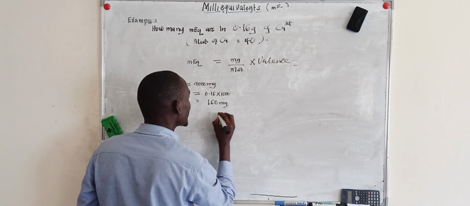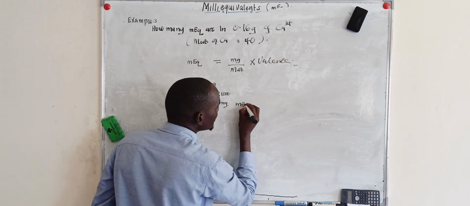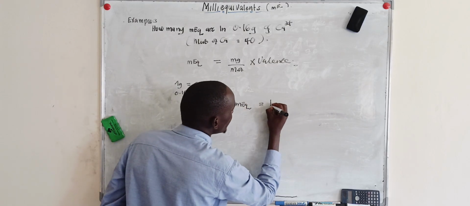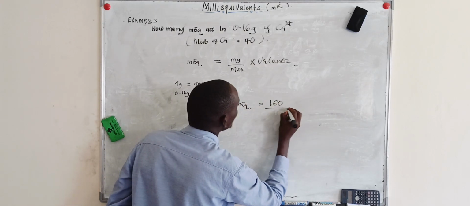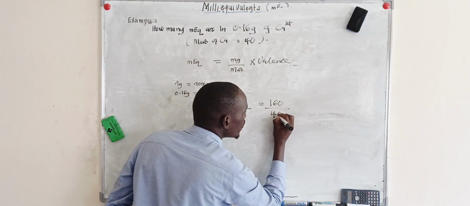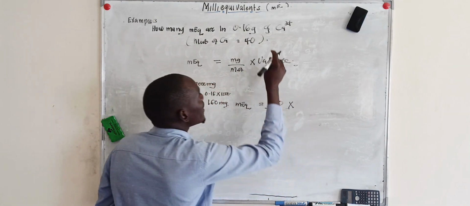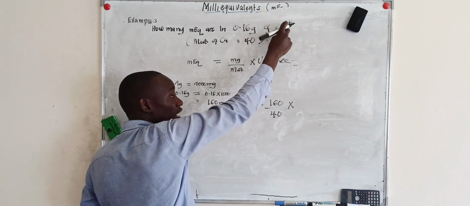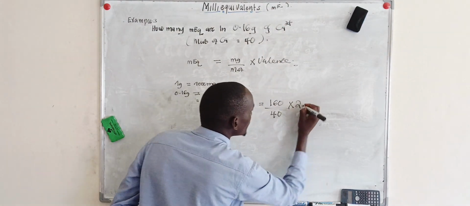So it means our milliequivalent will be equal to 160 divided by the molecular weight, which in this case is 40, times the valence. The valence of calcium is 2.